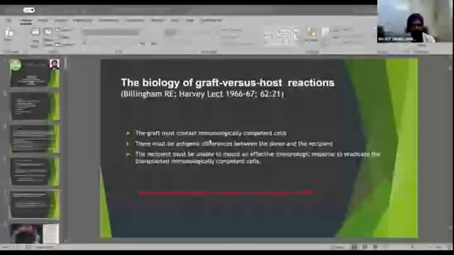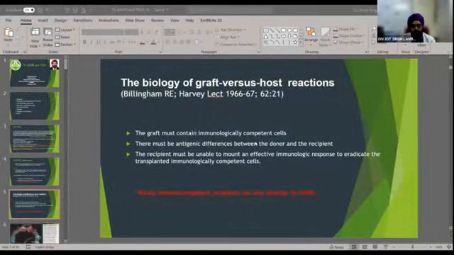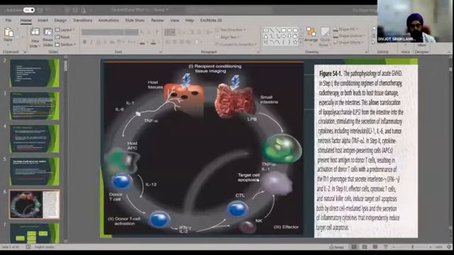The graft must contain immunologically competent cells for GVHD to occur, and there must be an antigenic difference between the donor and the recipient. The recipient must be unable to mount an effective immunological response against the immunocompetent cells. Rarely, immunocompetent recipients can also develop graft versus host disease.